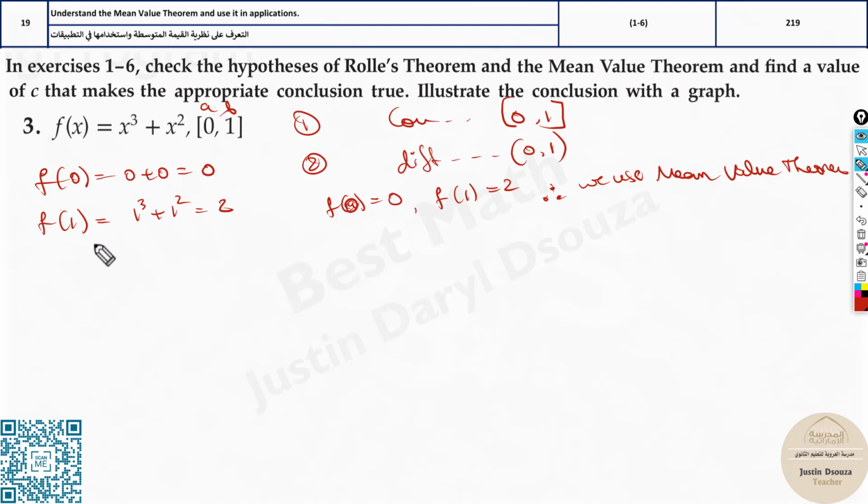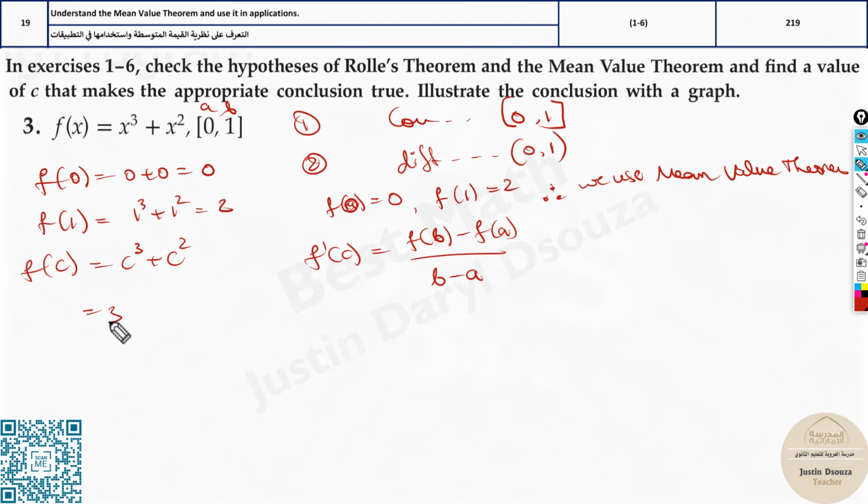And then we use the formula of the mean value theorem. F dash of c is equal to f of b minus f of a divided by b minus a. Now here let's find f of c, that is equal to c to the power 3 plus c squared. And over here we will have 3c squared plus 2c.